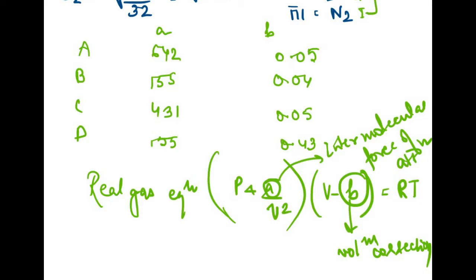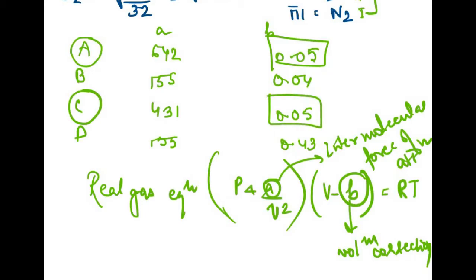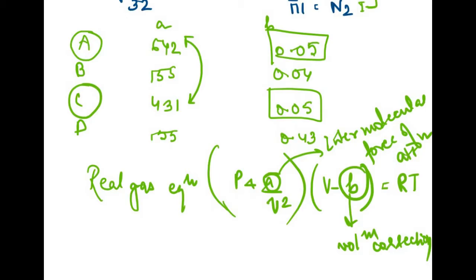Right? So, how can we compare? See, for a and c, the value of b is the same, so we cannot compare that way. We have to compare on the basis of the value of a. Now, a shows intermolecular force of attraction, so greater the value of a means greater the intermolecular force of attraction. If intermolecular force of attraction is greater, then the molecules are closely packed, so the volume occupied will be less.